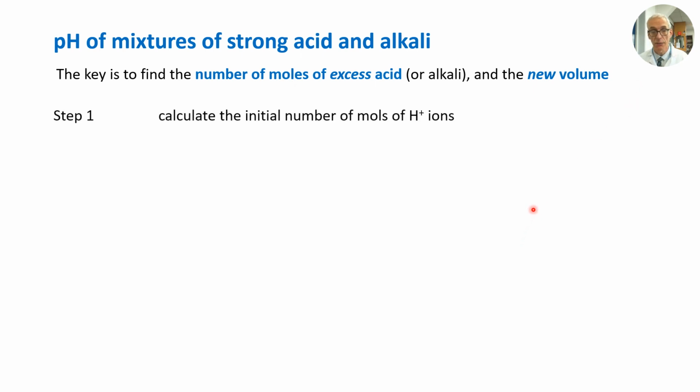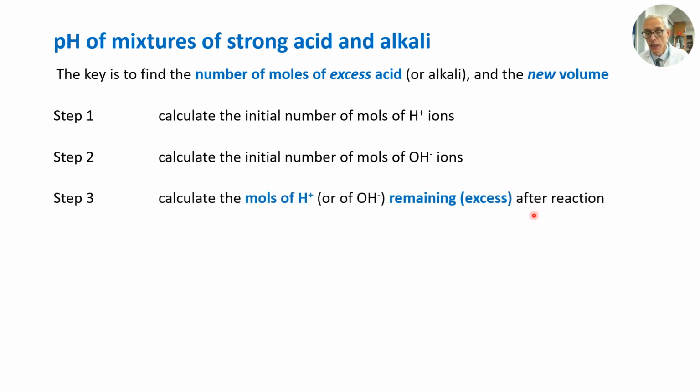So the first step is to calculate the initial numbers of moles of hydrogen ions. That'll be volume times concentration. Then calculate the initial numbers of moles of hydroxide ions, again volume times concentration. Deduce or calculate the moles of hydroxide ions or hydrogen ions that are remaining after reaction.